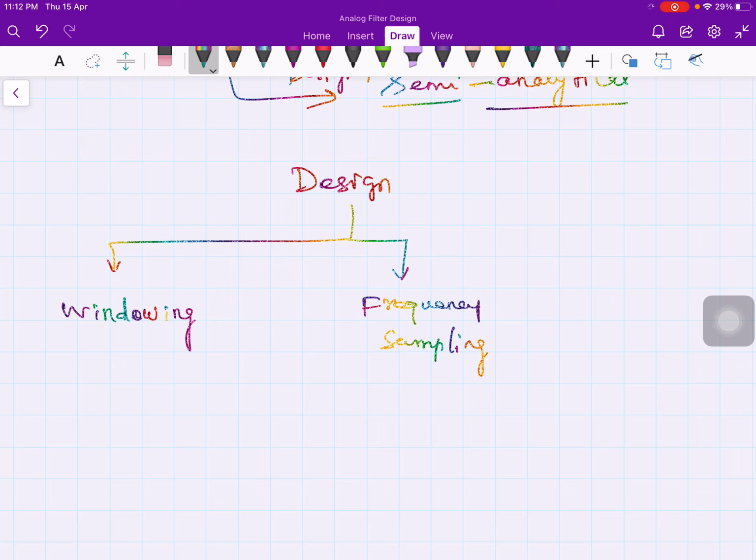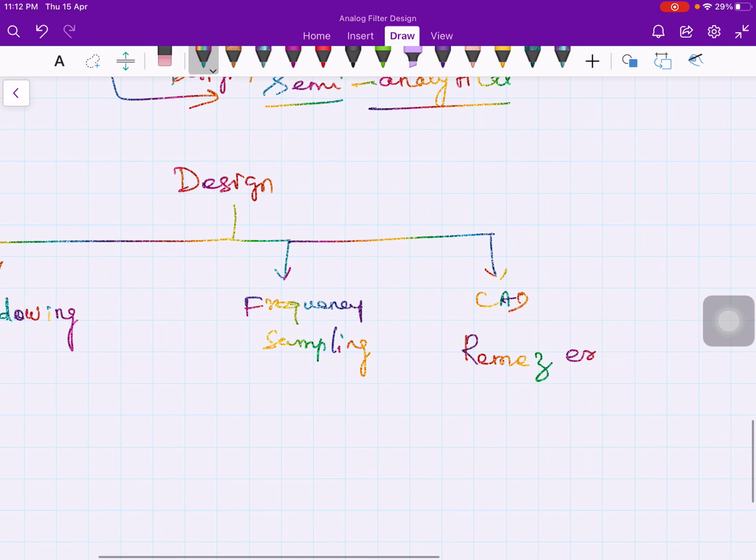And then of course you have the computer aided design. That is called the CAD method, a computer aided design procedure, using something called the Remez exchange algorithm. The Remez function implements the Remez exchange algorithm for FIR filter design.